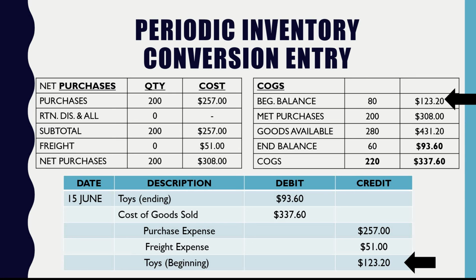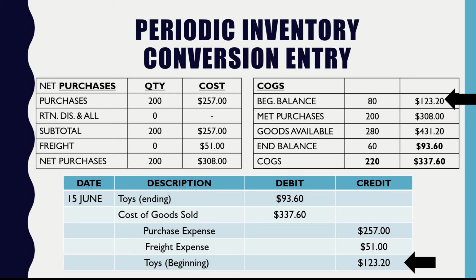We've calculated our ending balance and our cost of goods sold, so we need to take our expenses and convert them into inventory. Now, here is one difference in this conversion. We have another additional account that we need to consider.